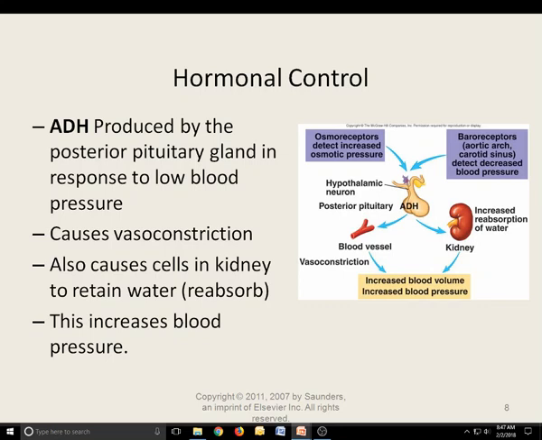ADH stands for antidiuretic hormone, so it prevents urination. So in other words, instead of urinating all that water out, you keep that water in your system. That increase in volume increases blood pressure. So that's another mechanism by which blood pressure is controlled.